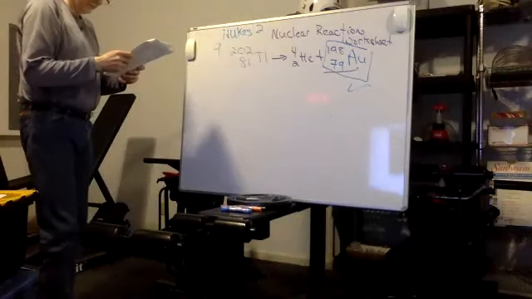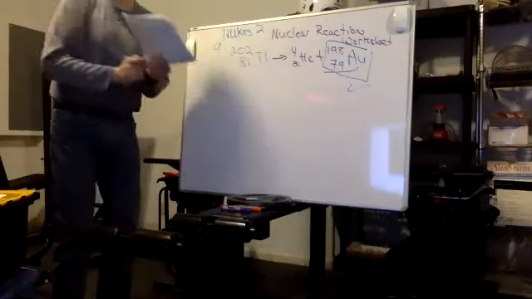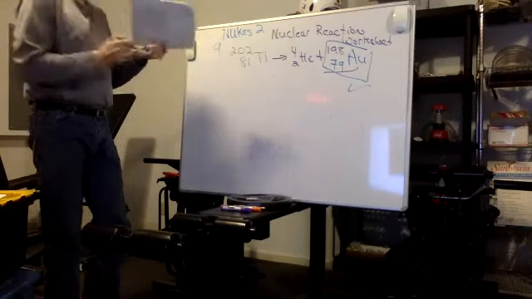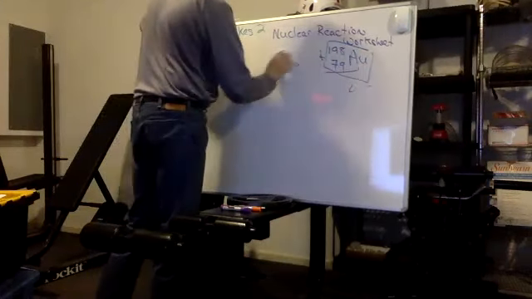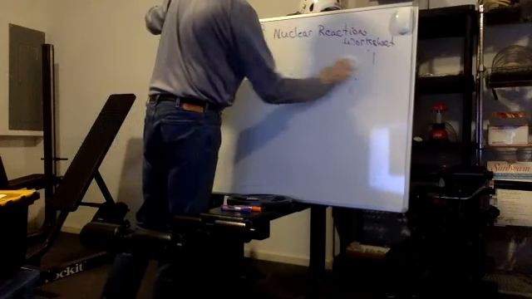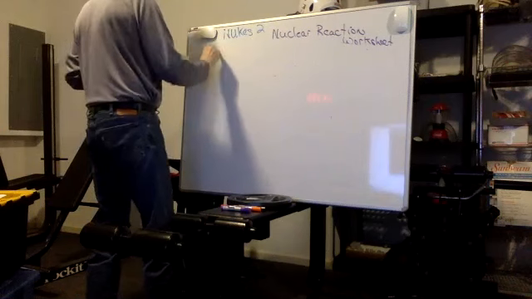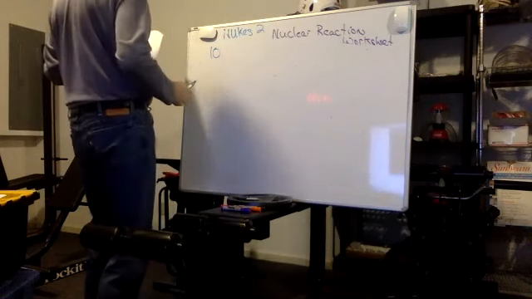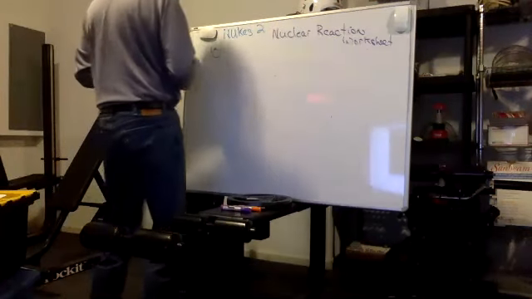So let's see here. On number 10, write a nuclear equation for the release of a beta particle by lead-210.